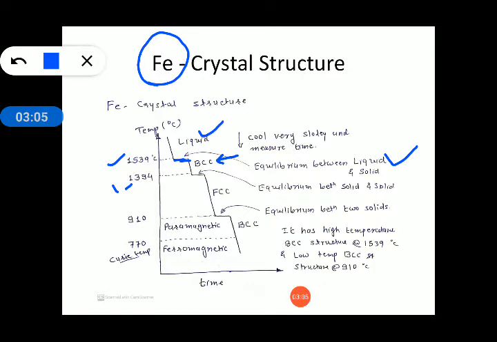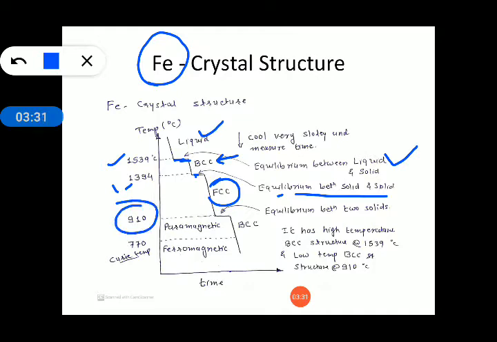Again an equilibrium phase is there, that is called equilibrium between solid and solid. So again it will transform from BCC structure to FCC structure.